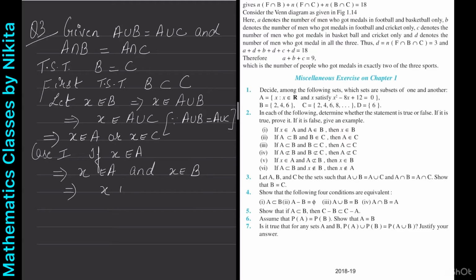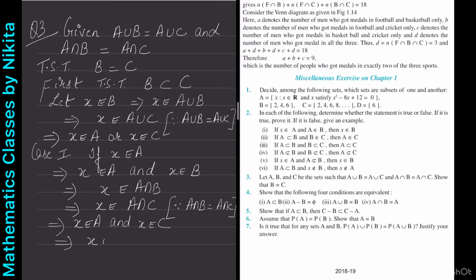That x belongs to A intersection B. And A intersection B is equal to A intersection C. So x belongs to A intersection C, and the reason you have to write, since A intersection B is equal to A intersection C. So from here I get x belongs to A and x belongs to C. So this implies x belongs to C.